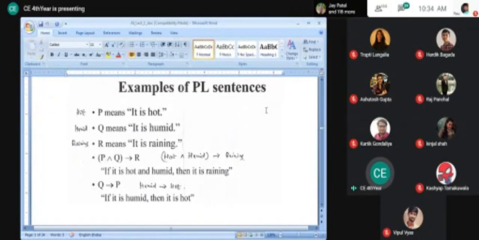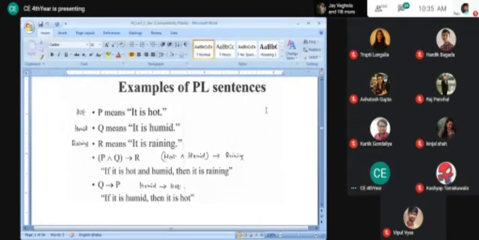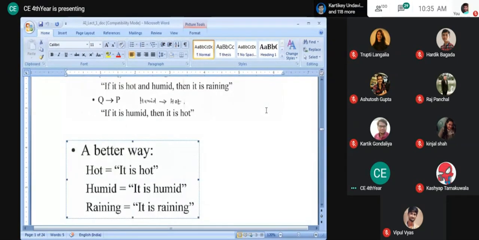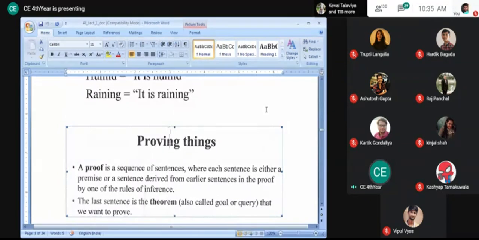Please note that and, and implication are connectives or operators of propositional logic. There are 5 operators of propositional logic, and these two are part of that. We can use only these 5 connectives while representing any sentence in propositional logic.